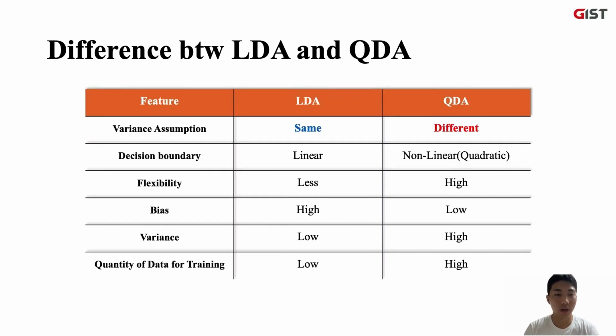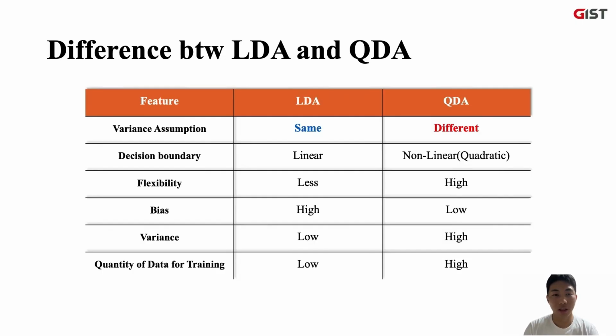Okay, so far we have looked at how LDA and QDA work individually. On this slide, we will summarize their key differences in a table. Every difference stems from this point, the variance assumption. LDA assumes that all classes have the same variance, while QDA relaxes this assumption, allowing each class to have a different variance.